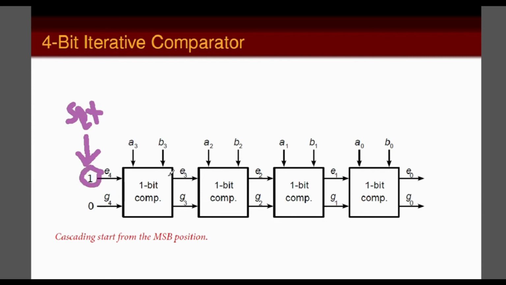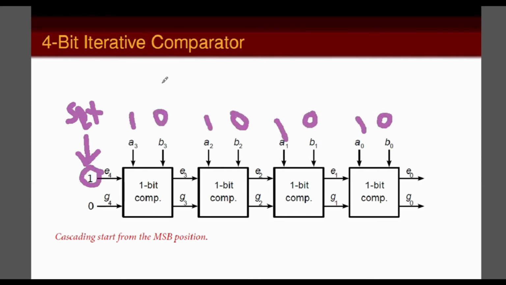Now, for example, if this is 1, 0, 1, 2, 1, 0, 1, 0. So what will be the output? How do you know the output? Here.